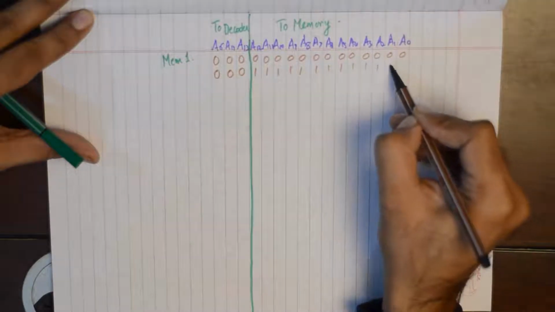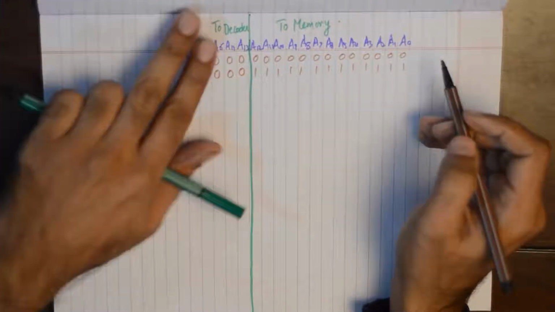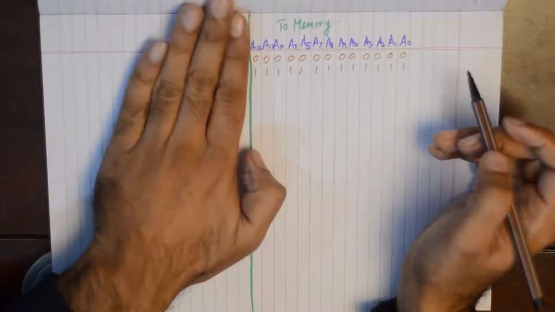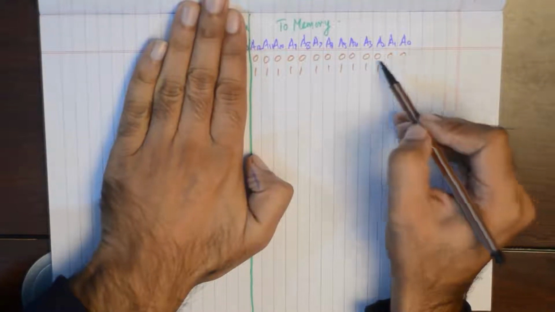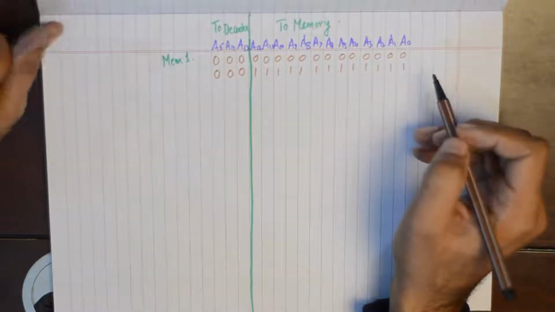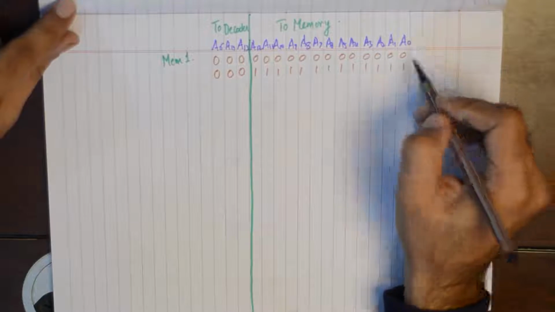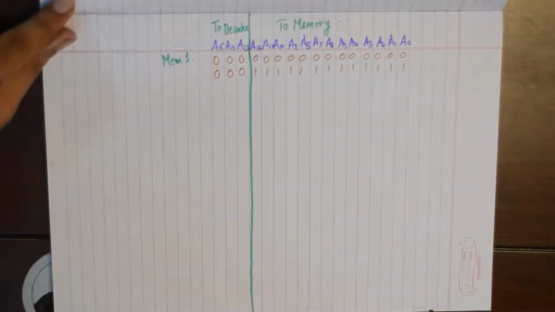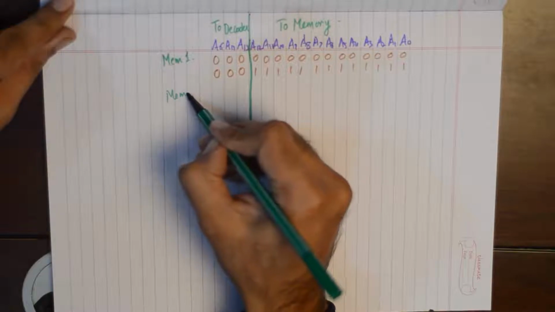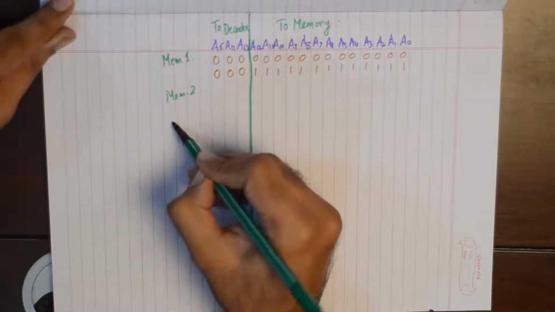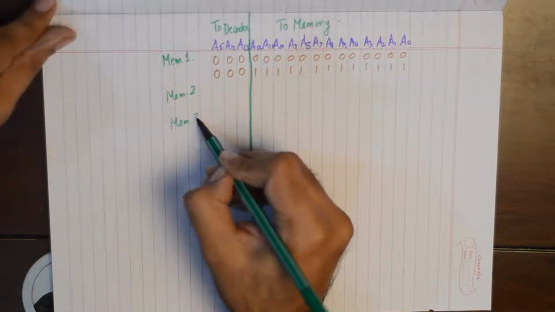From the discussion in the previous tutorial, we know that each memory has their addresses from all zeros to all ones. Now we need to populate this table for every memory that we have connected.